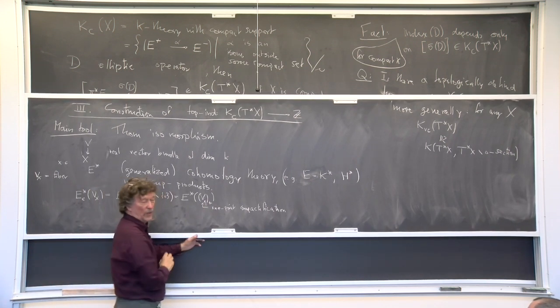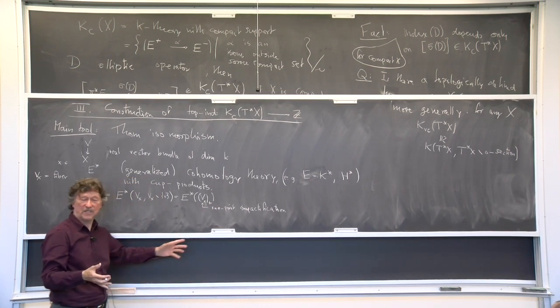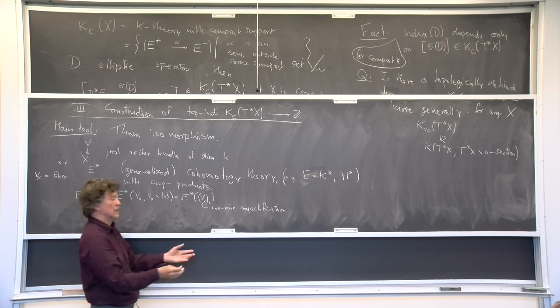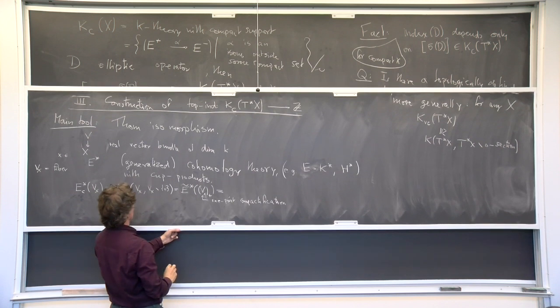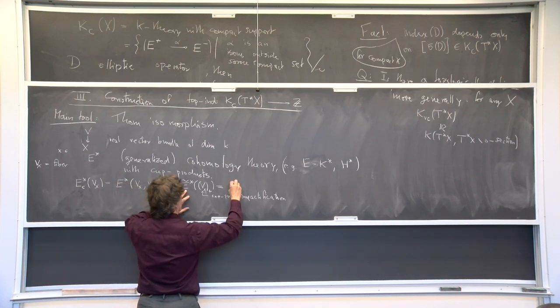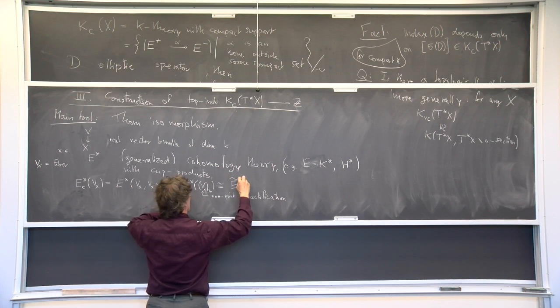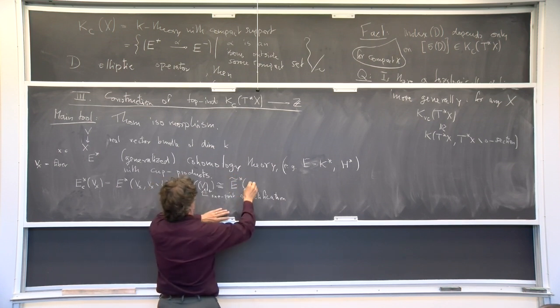And the one-point compactification of a k-dimensional vector space will be a k-sphere, right? So you're really talking about the reduced cohomology of a k-sphere.